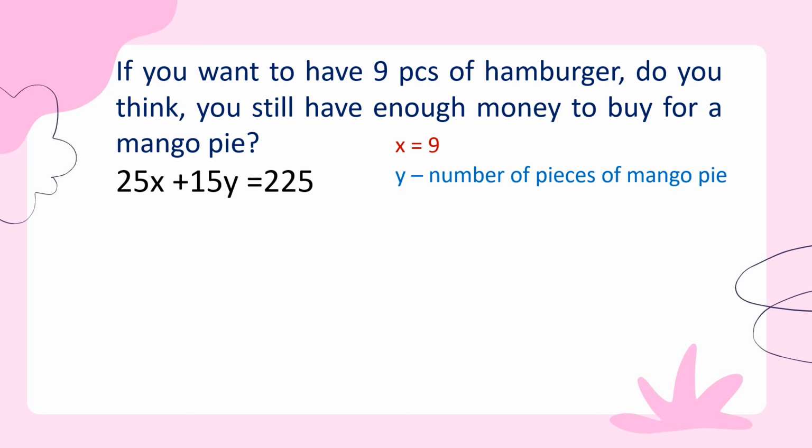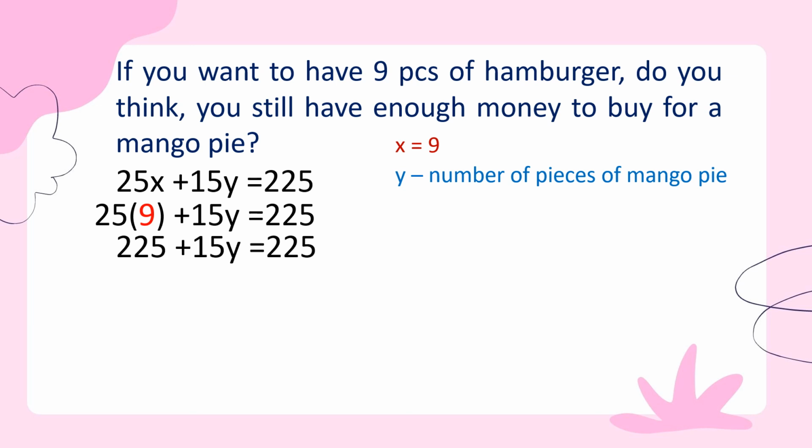So to solve for it, let's substitute the value of x in the given equation. So 25 times 9 plus 15y is equal to 225. Simplifying, we have 225 plus 15y is equal to 225. And to isolate 15y, let us add negative 225 on both sides of the equation.